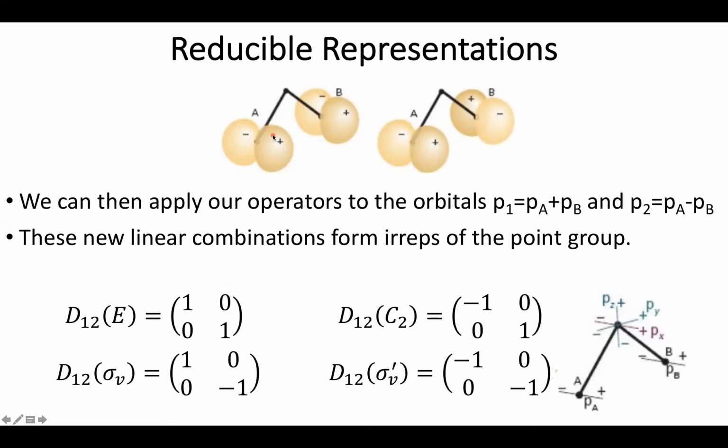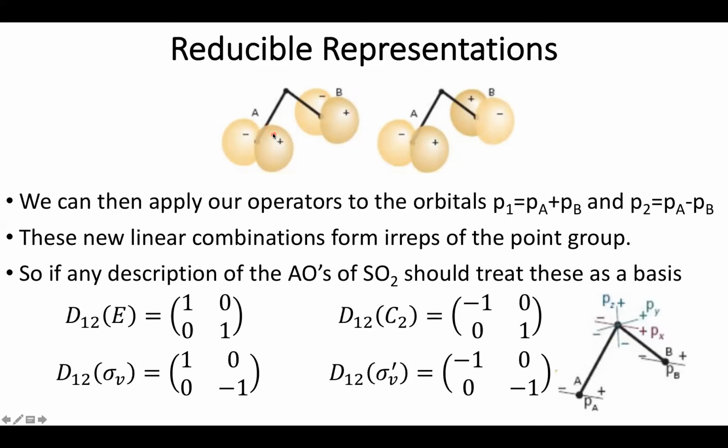So what it practically means for us is going to be this idea that if I'm going to continue describing the behavior of my atomic orbitals in sulfur dioxide, I really should treat these orbitals as my basis set. So looking a little bit less at how this p orbital interacts as part of the molecule and how this p orbital interacts as part of the molecule, but more how this linear combination of atomic orbitals reacts to form the greater MO.